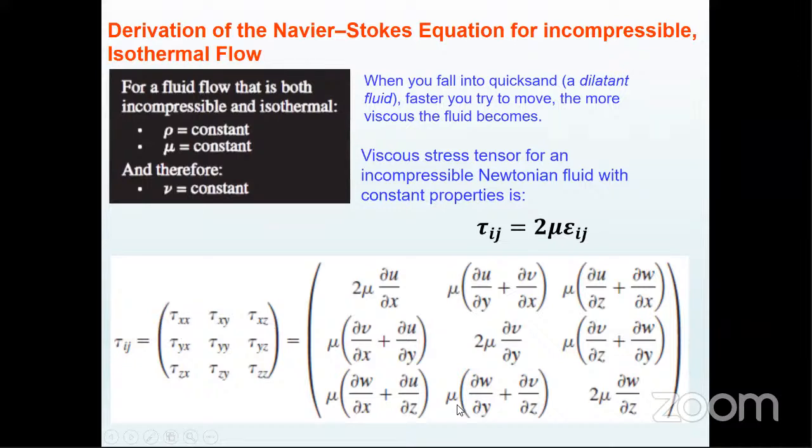The value of tau xx is 2 times mu of del u by del x, the rate of change of the flow of the fluid along the x direction with a speed of u. The principal diagonal elements involve the speed u along x, speed v along y, and speed w along the z direction.